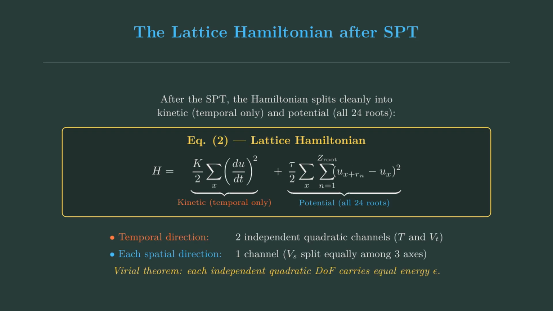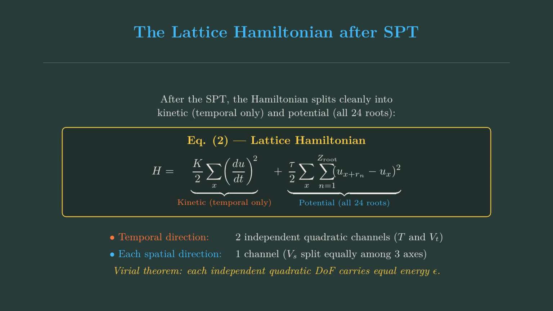So the SPT selects a time direction. But by how much does the lattice stretch? The virial theorem determines this exactly. After the SPT, the temporal direction participates in 2 independent quadratic energy channels. Each spatial direction participates in only one.